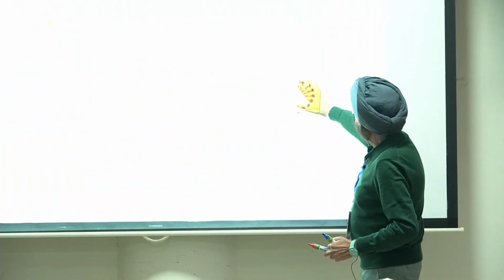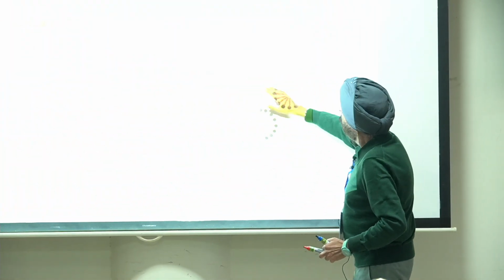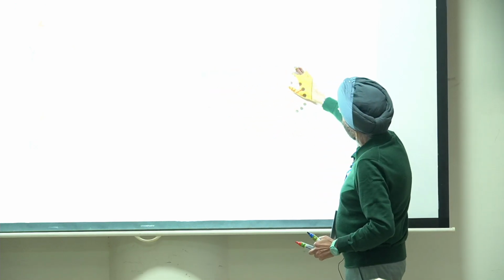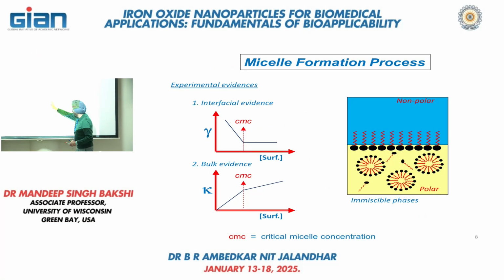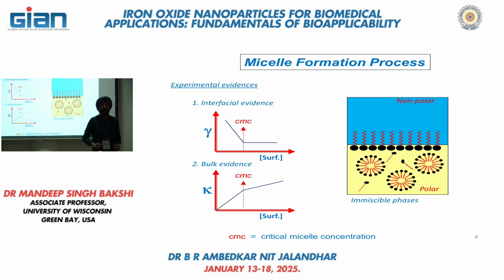Why? The micelles only form when all interfaces, the one over here, the other one over here, and the other one over here, which I am not showing, are occupied. Only then are the micelles going to be created.